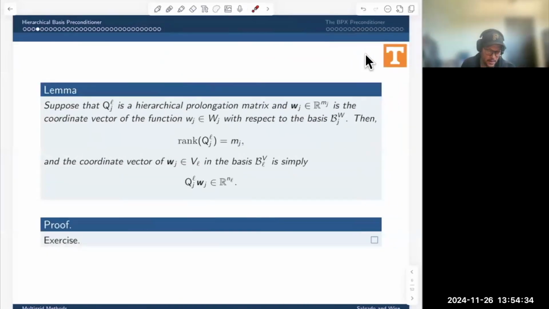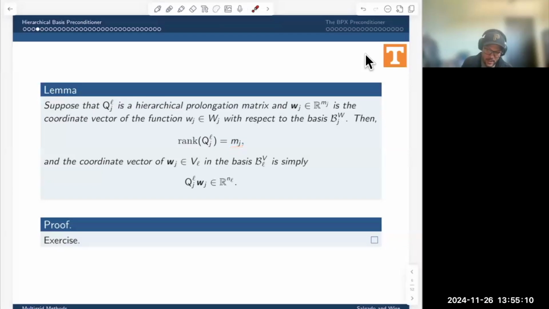Okay, so suppose that QJL is a hierarchical projection matrix that we just defined, and WJ is a coordinate vector of the function WJ in capital WJ with respect to this basis here. This guy is from a pretty small space, MJ. Then the rank of QJL is exactly MJ.